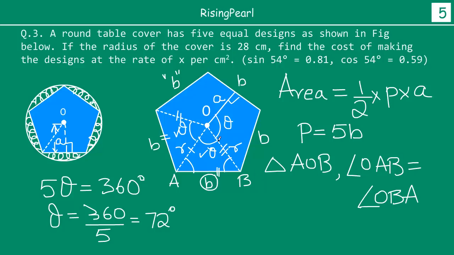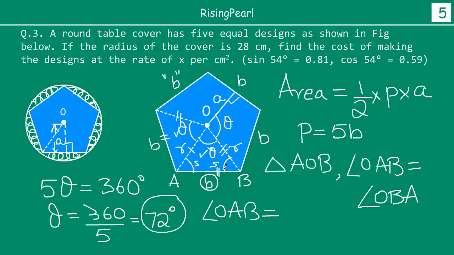Now if this angle is given as 72 degrees, how much is this angle? Then we can say angle OAB will be equal to the sum total. Let's call this value S. So this is S, this is S. S plus 72 equals 180 degrees.